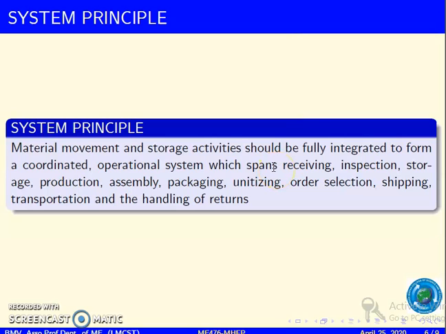So everywhere from the starting, that is the raw material which is coming to the plant location, there it is receiving, there material is being handled, and then it is taken for inspection, there it is handled, then from the inspection it is taken to the storage section where it is stored, and from the storage section it is taken to the production unit, and from the production unit the different components which are manufactured in different sections will be handled to the assembly section where it is assembled, and then that final product is taken to the packaging section where it is packed, and finally it is shipping and transportation.